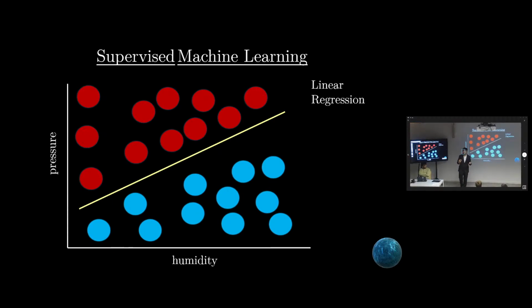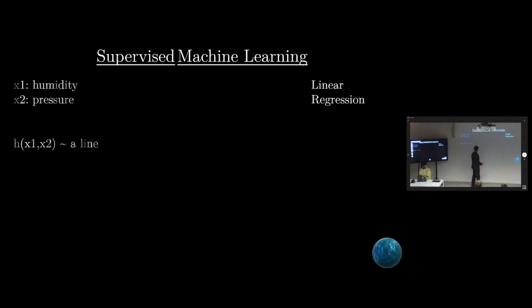But how does that actually work? How do I find the line? That's where the math comes in. We have h, which is again our hypothesis function. Our inputs are x1 and x2, where x1 is the humidity and x2 is the pressure. And we know that h should be a line. What's a line? A line is just a linear combination of the inputs.